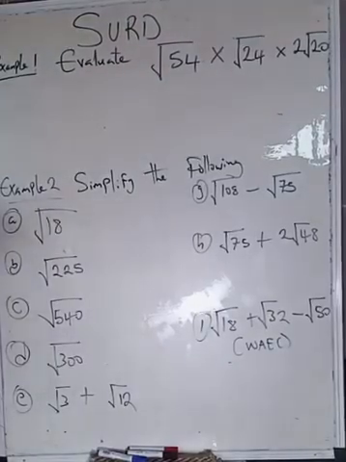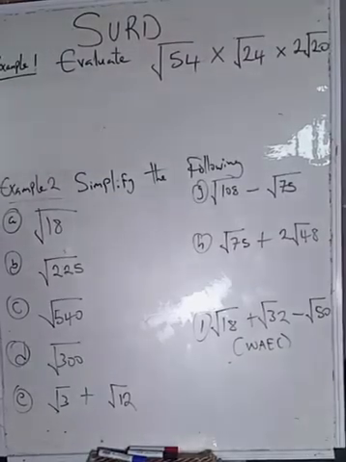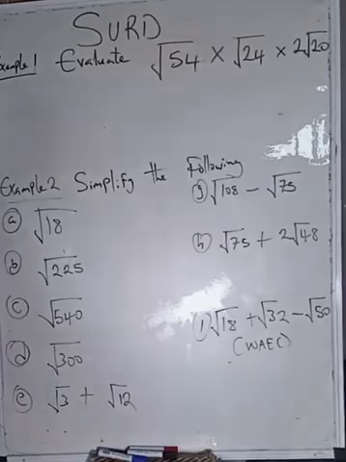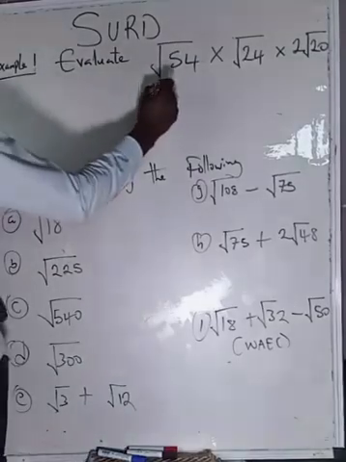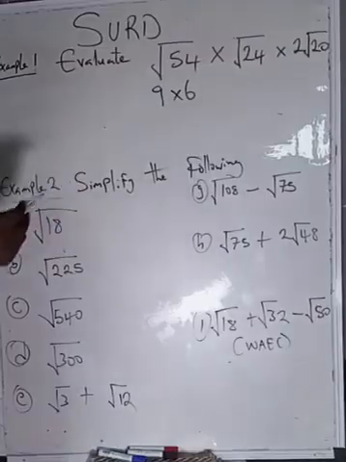Now, 54. What are the two numbers that can multiply to give us 54, in which one of the factors has to be a perfect square? We have 9 times 6. 9 times 6 is 54.